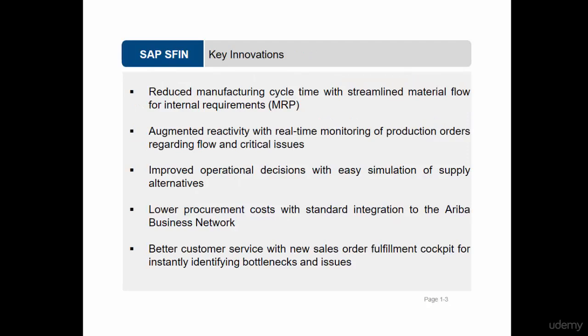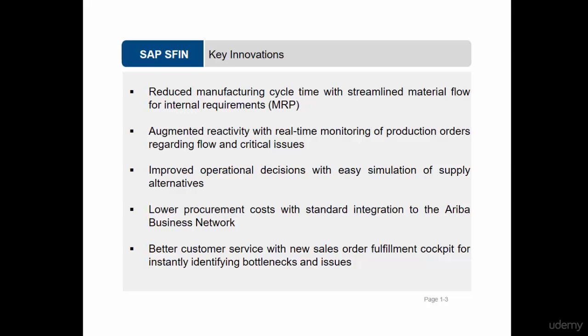SAP S/4HANA is designed to drive business innovation with simplicity by connecting people, devices, and business networks in real time to support the development of new business models. It will also help accelerate the on-ramp to Internet of Things and big data. The simplified data model allows customers to reimagine their IT, helping to drive lower costs and deliver IT efficiency.